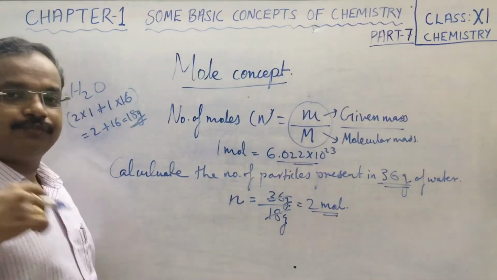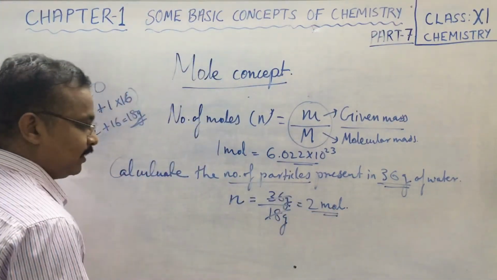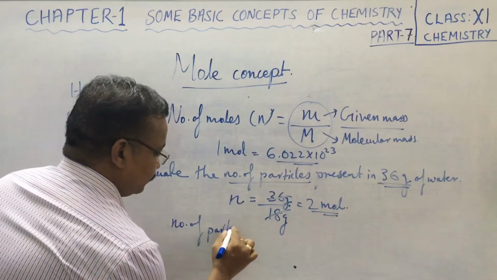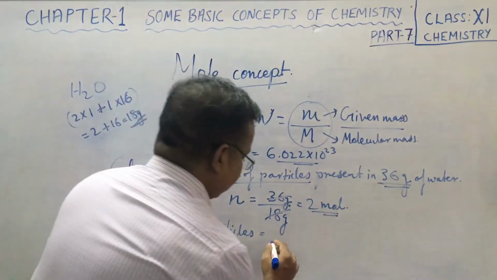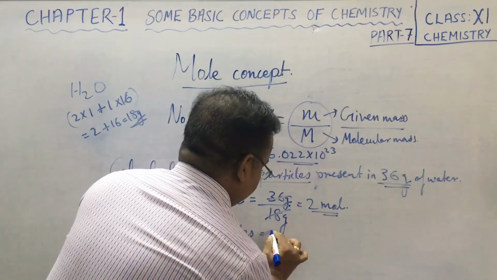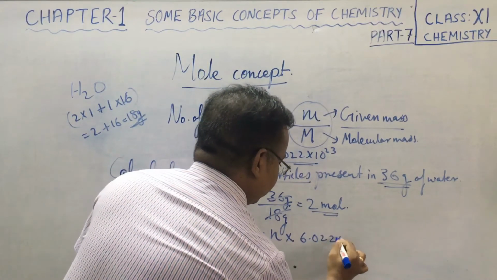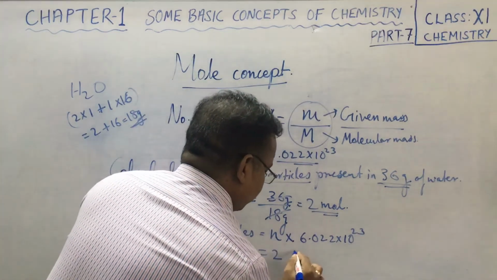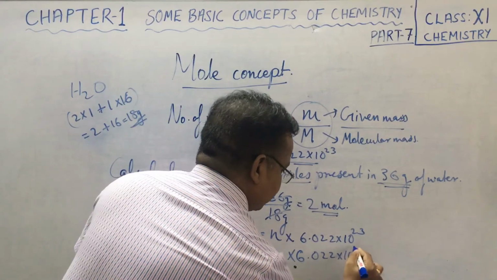Now if you are asked to find out the number of particles, isn't it? So number of particles is equal to n into 6.022 into 10 raised to 23. That is, n we have 2, so 2 into 6.022 into 10 raised to 23.